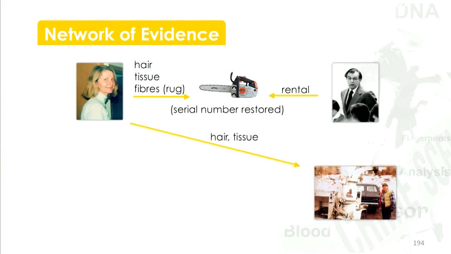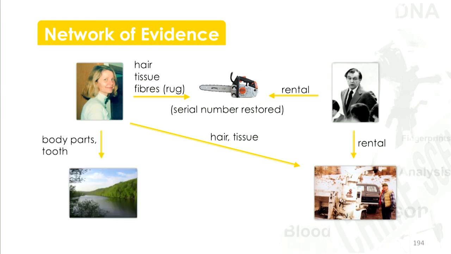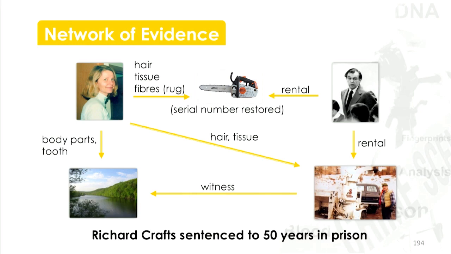Richard is linked to the wood chipper by the rental. Helly is linked to the lake by the body parts and the tooth found in the lake. And of course the witness places the wood chipper at the lake. So the result was that Richard Crafts was convicted of murder. He was sentenced to 50 years in prison, and he is still in prison today.